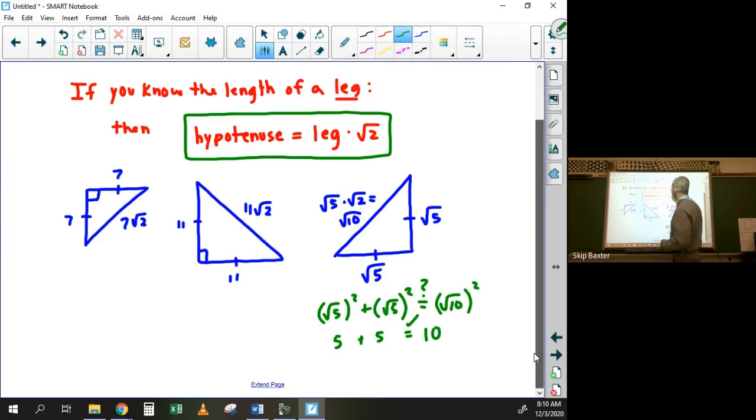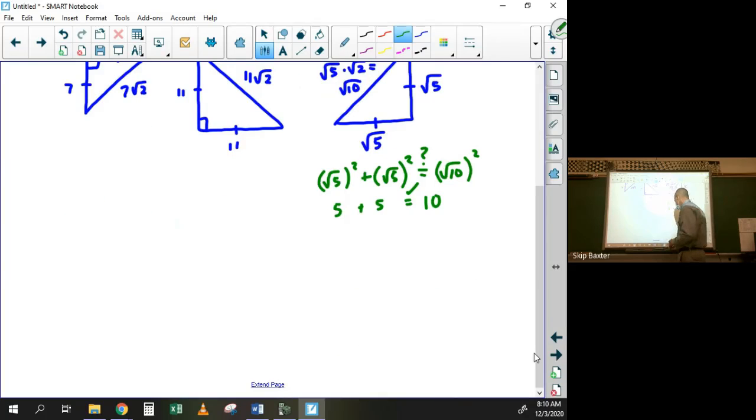If you know the length of a leg, then the hypotenuse is the leg times the square root of 2. The second shortcut is if you know the length of the hypotenuse.